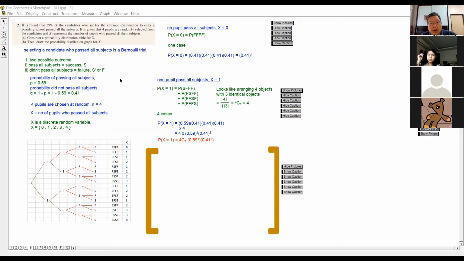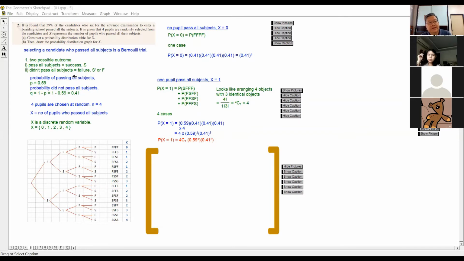Then the complement is Q, didn't pass all the subjects. So this Q is 1 minus P, and the probability in this case is 0.41.